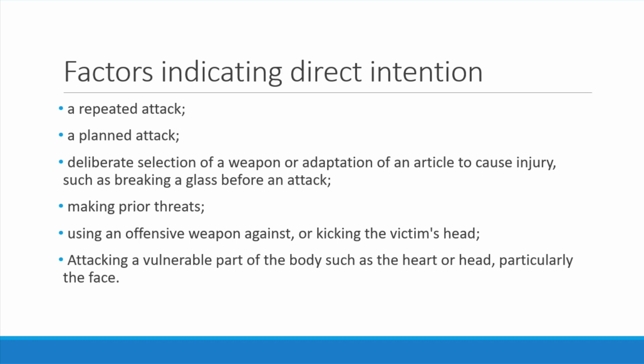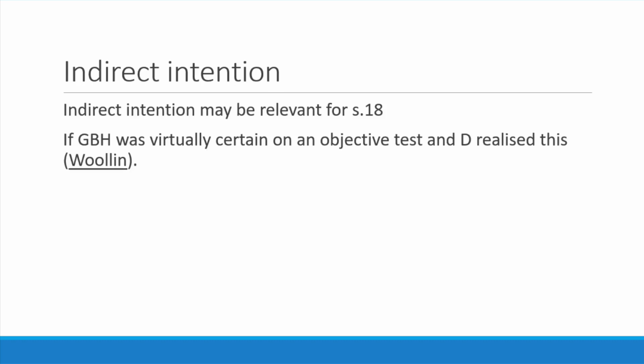Here you could say this was a planned attack. Deliberately selecting a weapon such as a baseball bat, or breaking a glass to use as a weapon, making prior threats, using an offensive weapon or kicking a victim's head or attacking a vulnerable part of the body. A number of those are present here, so I think you can argue that it is Duncan's main aim or purpose to cause really serious harm to Alexa.